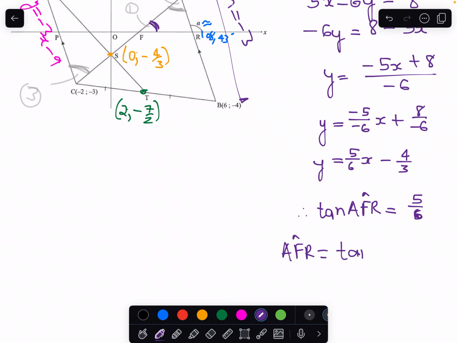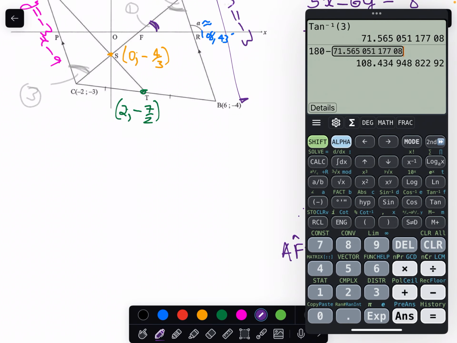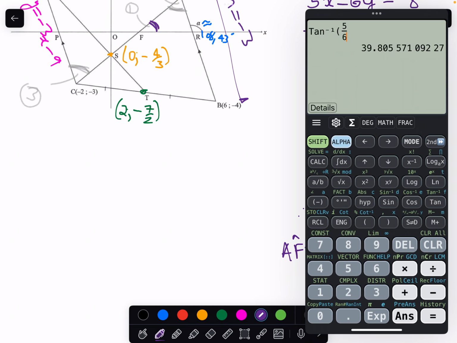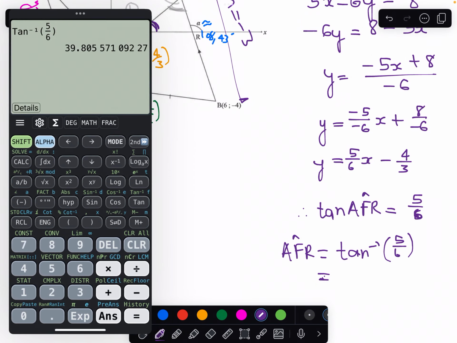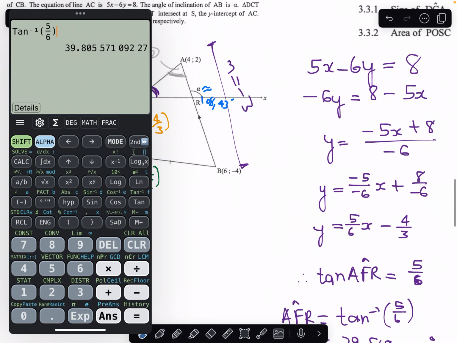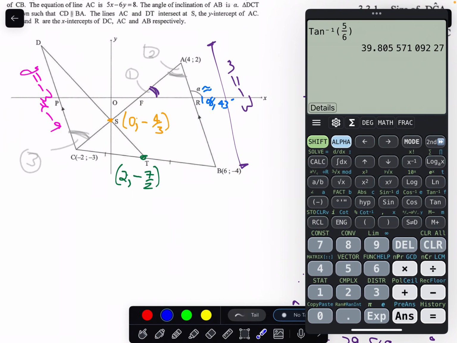So that is going to be inverse of tan of 5/6, which is... Okay, first of all, I'm going to store this guy because we're going to need him. Right, so we now know the size of this angle as well.